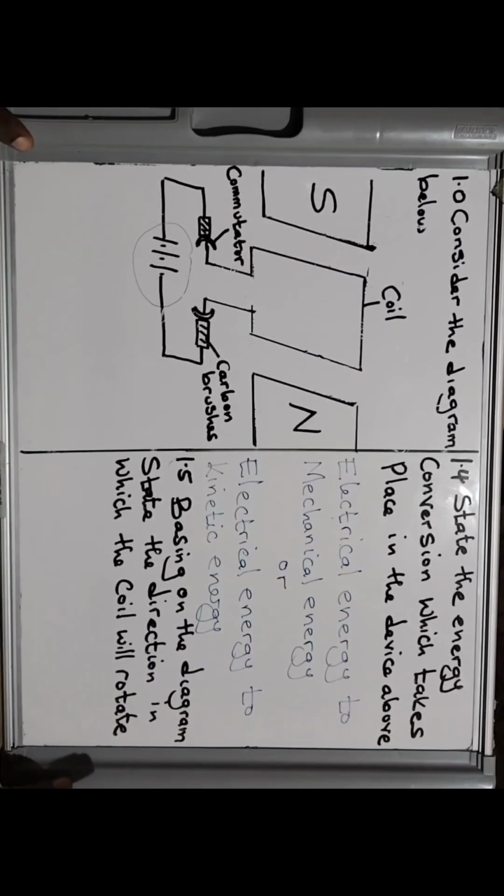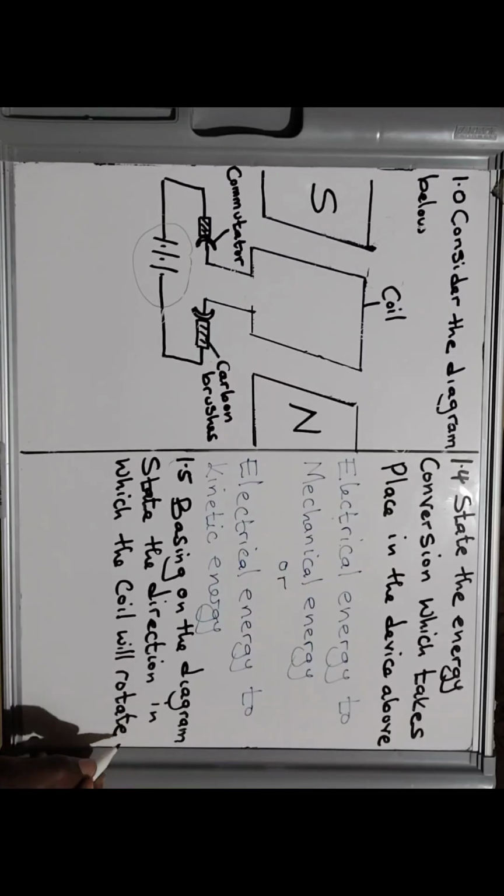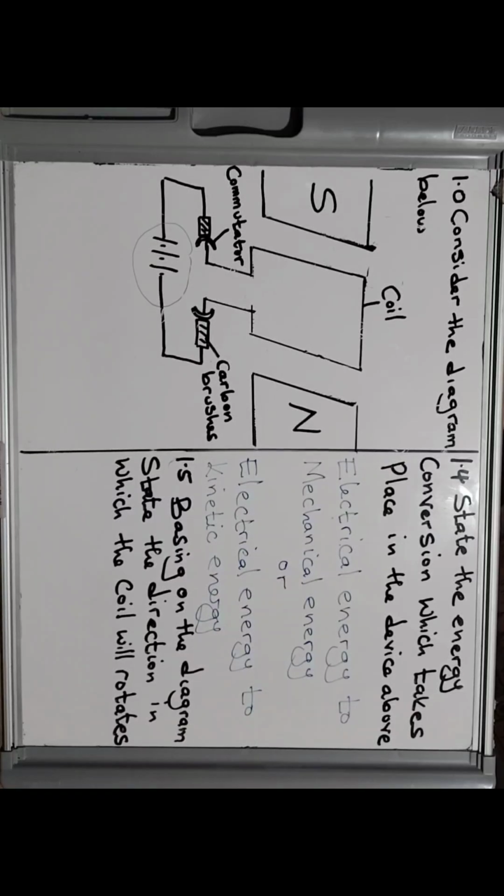Then comes this question 1.5. It says, basing on the diagram, state the direction in which the coil rotates. To answer this question, you need to know the device you are dealing with. The device is a motor, and for a motor to predict the direction, we use Fleming's left-hand rule.